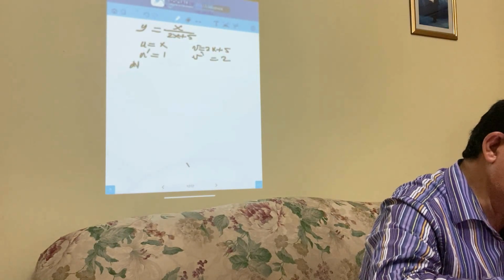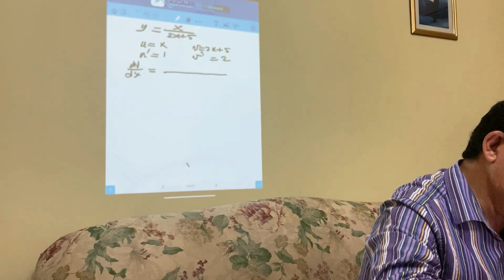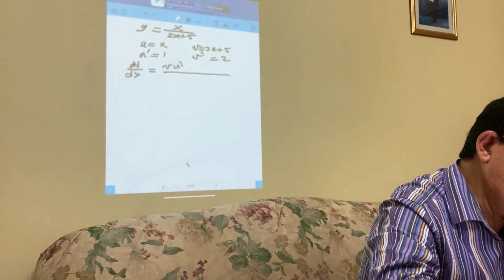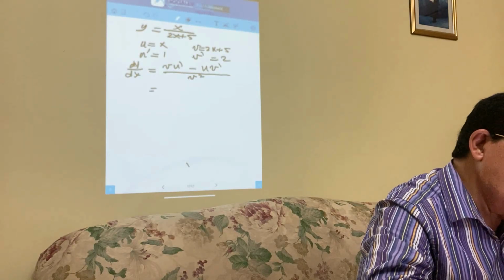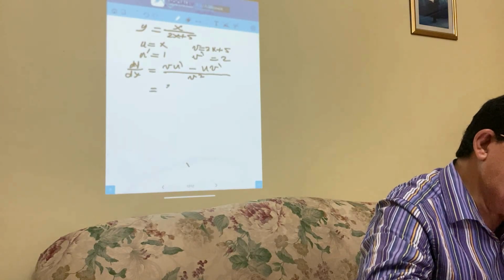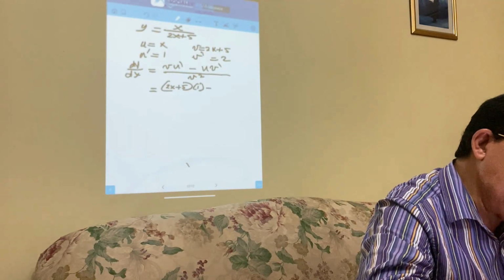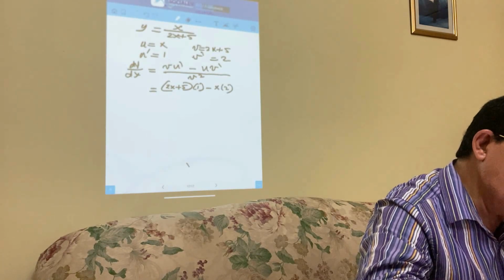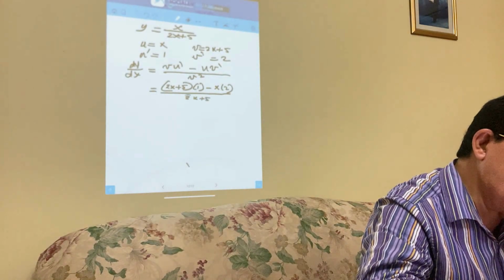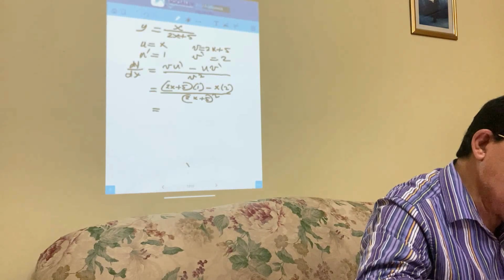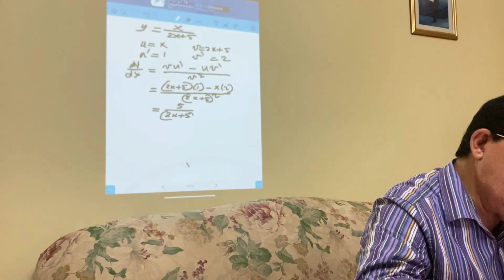Then dy by dx equal, the rule says, v u dash minus u v dash over v squared. Therefore it is 2x plus 5 times 1 minus x times 2 over 2x plus 5 squared. This will be 2x plus 5 minus 2x, which is 5 over 2x plus 5 squared.